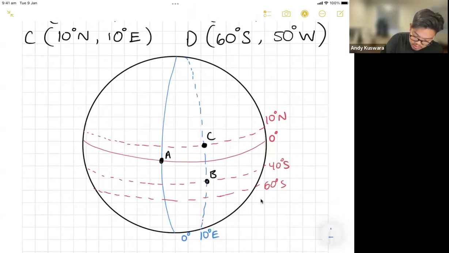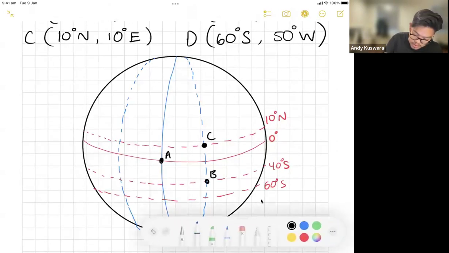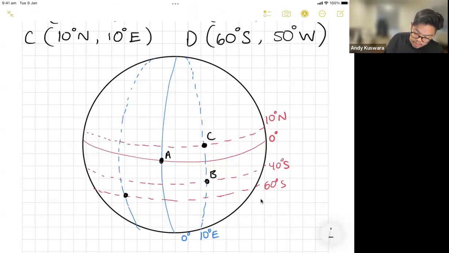West is to the left of your prime meridian, and wherever that meets up becomes your point D.